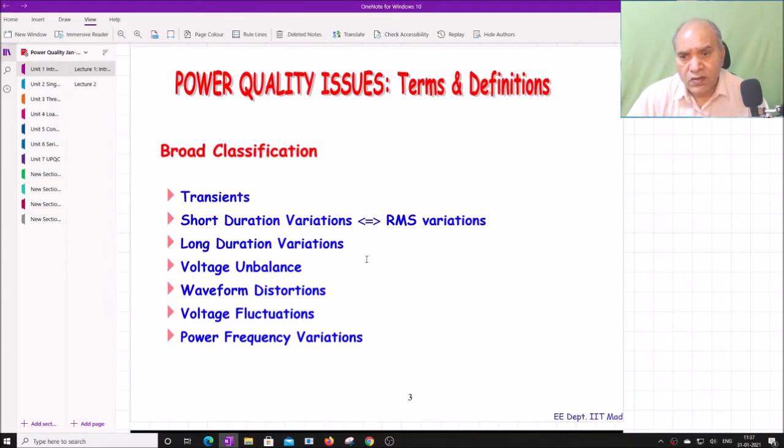So, the broad classification for power quality can be in terms of these parameters, such as transients, short duration variations, long duration variations, voltage unbalance, waveform distortions, voltage fluctuations, and power frequency variations. These are some of them.